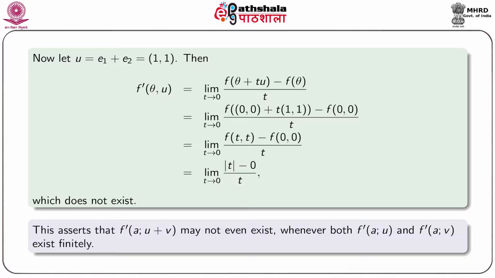So, f'(0; u) exists if the limit of mod t by t as t approaches 0 exists. We know this limit does not exist, as the left hand limit is -1 and the right hand limit is 1. So, it contradicts the uniqueness of limit and hence does not exist. This asserts that f'(a; u + v) may not even exist whenever both f'(a; u) and f'(a; v) exist finitely.